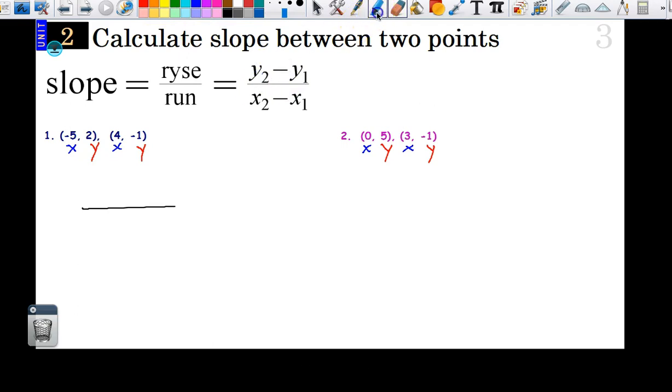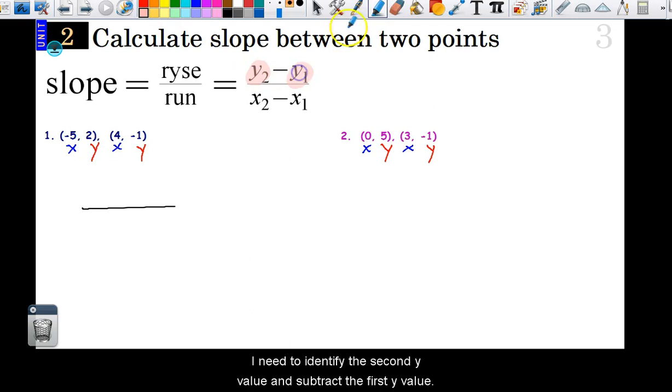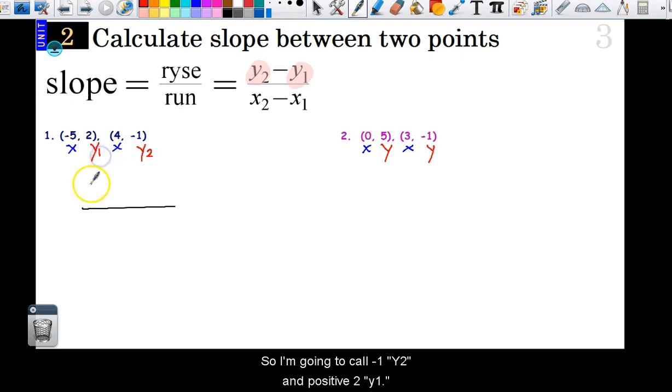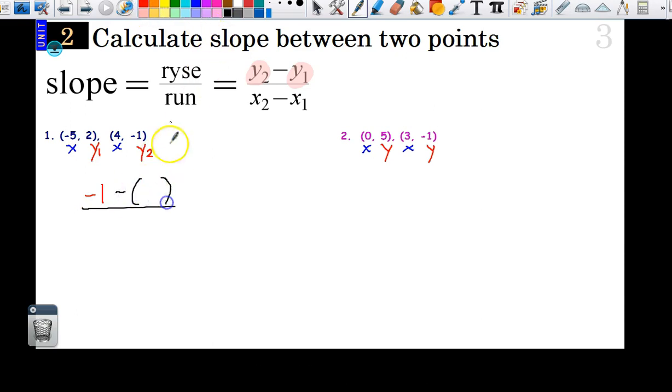So that means I need to identify the second y value and subtract the first y value. So I'm going to call negative 1 y2 and positive 2 y1. So I'm going to have negative 1 subtract, and notice I put the framework in here because the thing I'm subtracting might also be negative.